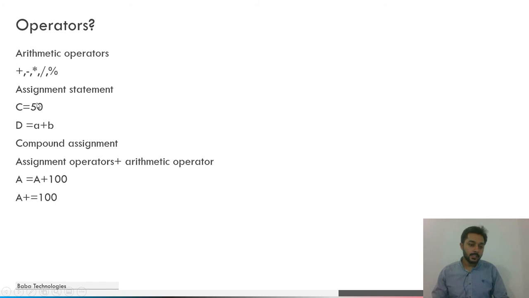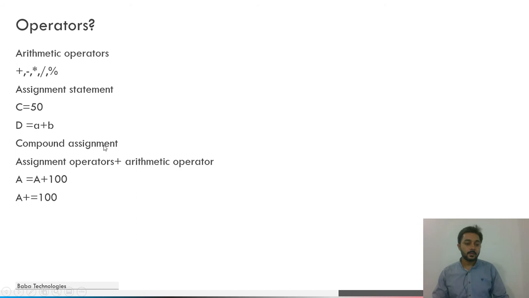This equal sign is called the assignment operator, and the value 50 is assigned to the variable we declared in our program, called c. And if we add two values and assign the result to another variable like d, then a plus b, whatever the addition value is, is assigned by the assignment operator to d.